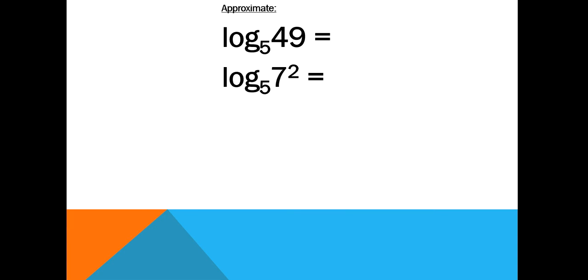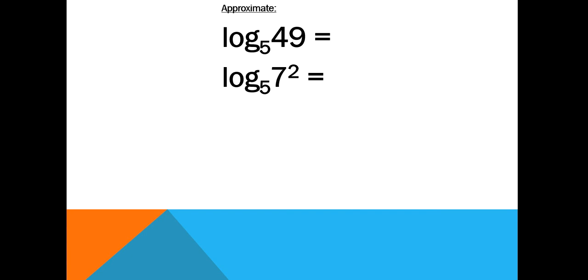Alright. Now we're going to use those same values again, but this time we're going to approximate log base 5 of 49. Okay? And yeah, log base 5 of 49 is basically log base 5 of 7 squared. 7 times 7.